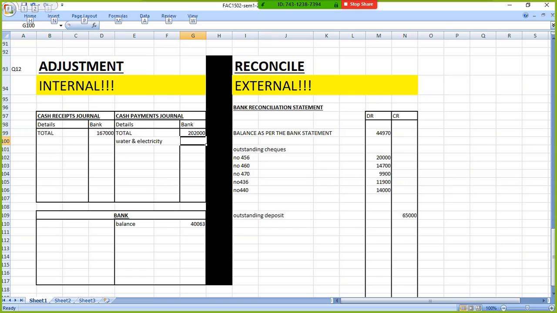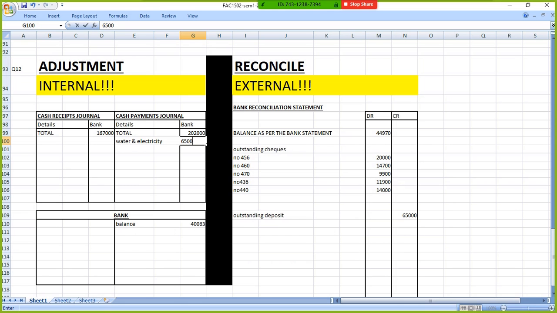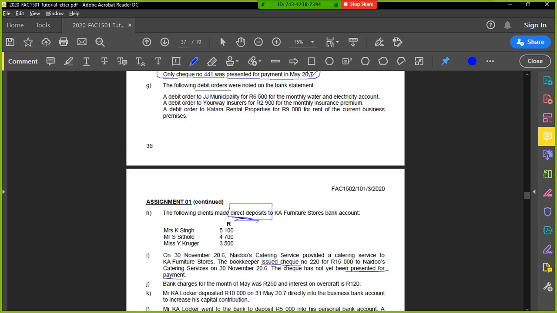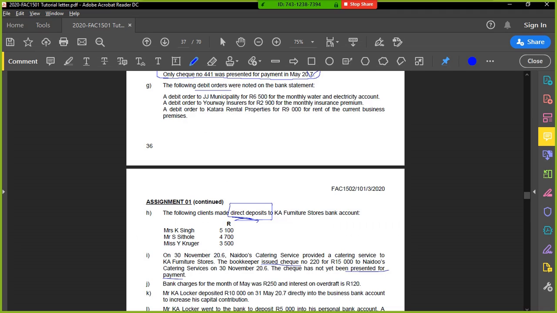How much was it? 6.5. Okay, debit order for the insurers for 2.9. Another payment, adjust. Okay, not in our books, on the bank statement, adjust. Okay, debit order for the rent, 9,000.